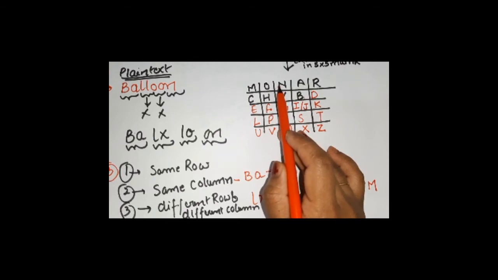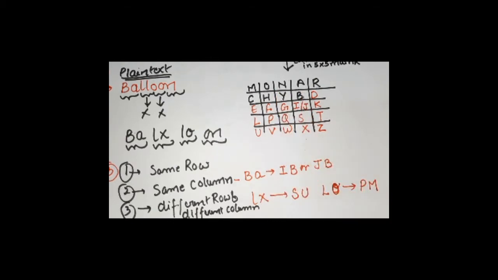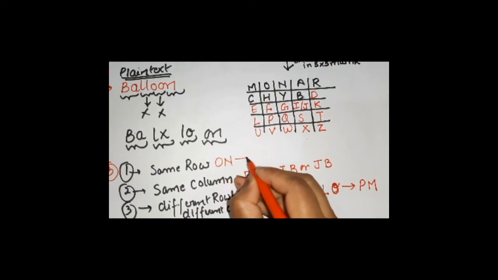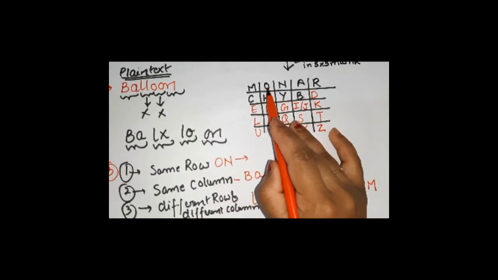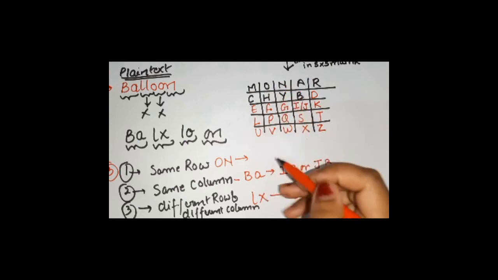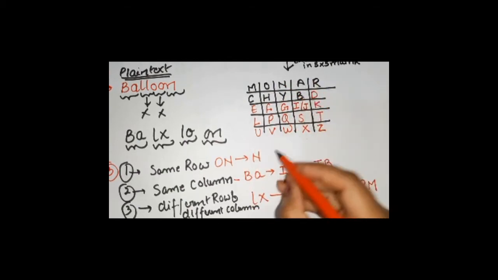Two plain texts that fall in the same row of a matrix are each replaced by the letter to the right, with the first element of the row circularly following the last. Let me first finish this. O and N. O is replaced by the letter next to it, which is N. So O will be replaced by N and N will be replaced by A.